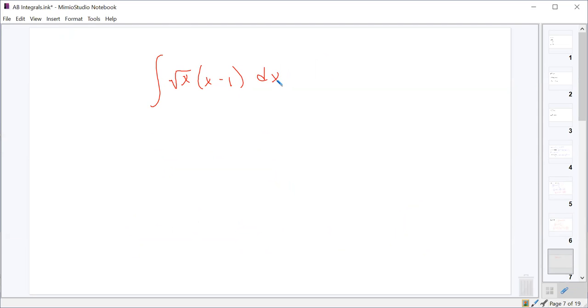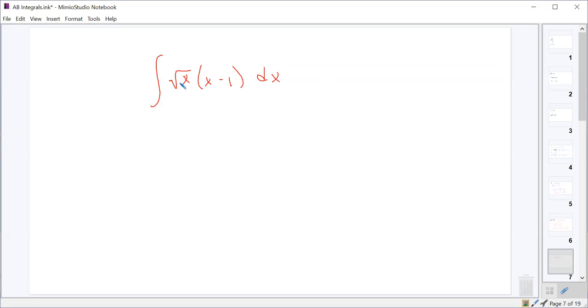We'll just make that an indefinite integral this time. How would you go about evaluating that? Any thoughts? The square root of x is just x to the 1/2 power, and so we can do it that way.